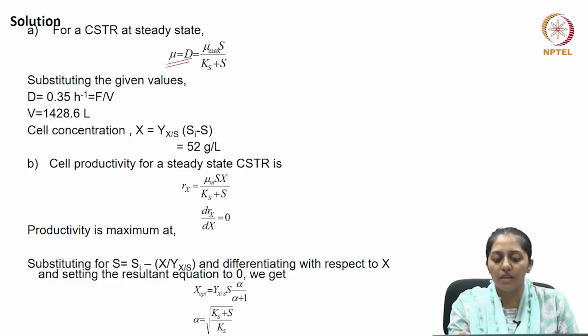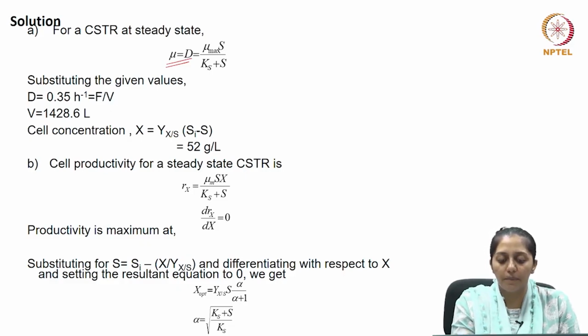So, the biomass X can be obtained using the substrate balance at steady state given the value of Yx by S. Si is also given, S is given, Yx by S is given. So, we can find out the steady state biomass concentration.